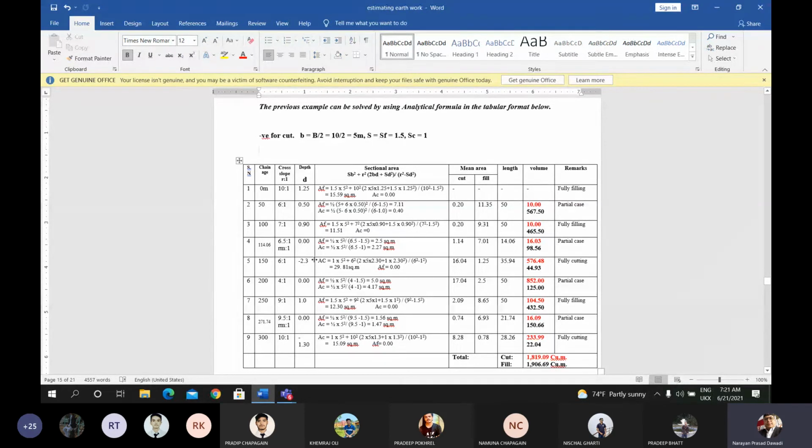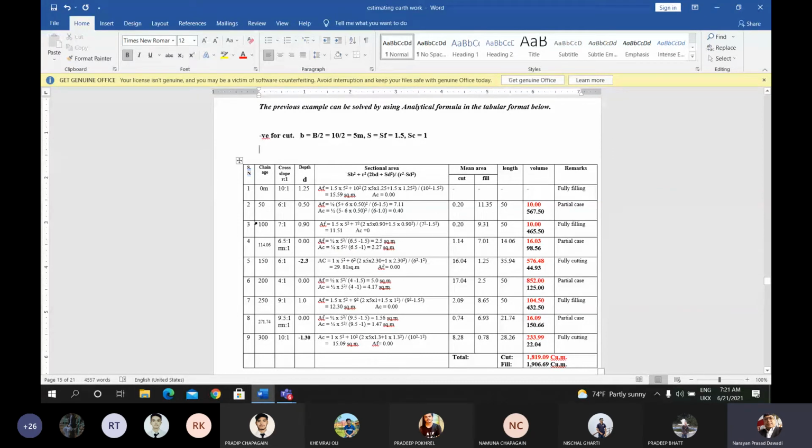And minus 2.3 is for cutting, and minus 1.3 is for cutting here. This is minus 1.3 for cutting, minus 2.3 for cutting. This is marked here because cutting is 2, the others are filling, and zero change is 3.